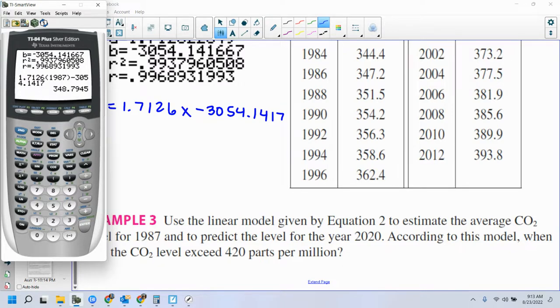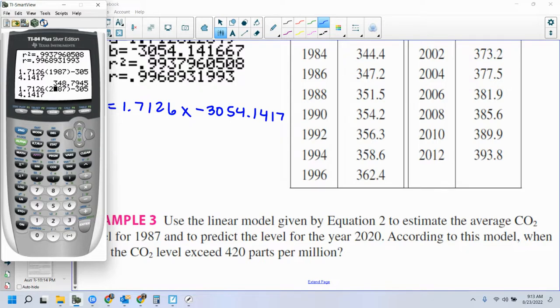And I can say within this model, it should have been about 348.79, which makes sense. It's right in the middle there, right between 1986 and 1988. I didn't have that data, but using this model, I could say, well, we believe that in 1987, it was this value.